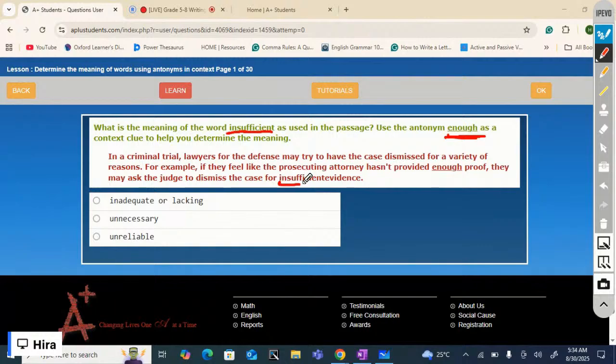So you have to find the meaning of the word insufficient by using enough as a context clue. And this is an antonym which works as a context clue for you. Does insufficient mean inadequate or lacking, unnecessary, unreliable? Which one seems the answer? First, second, third.